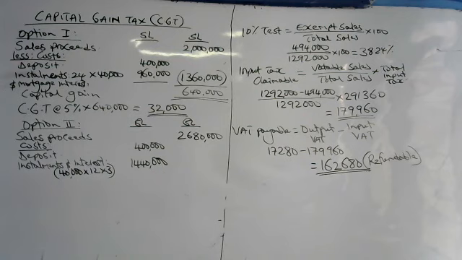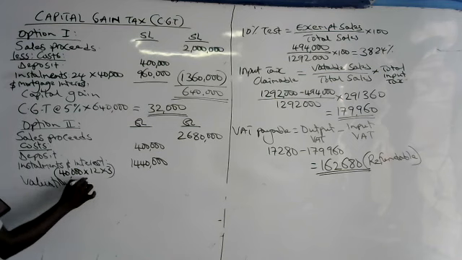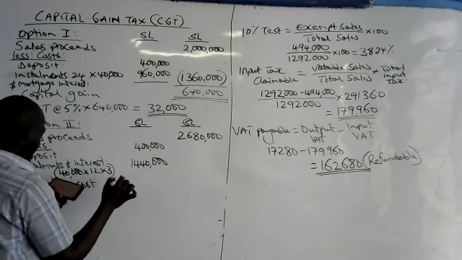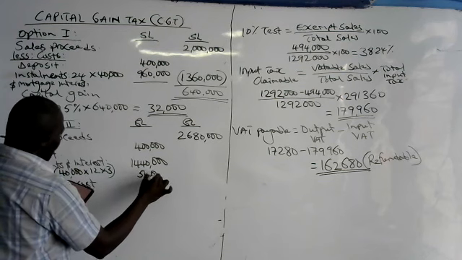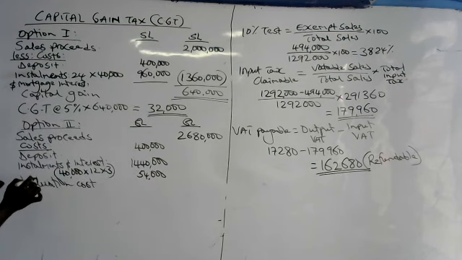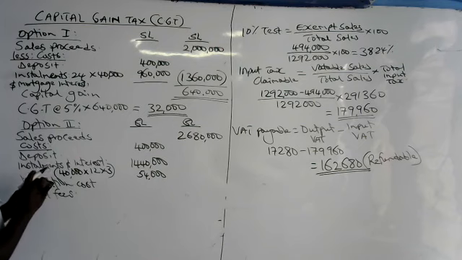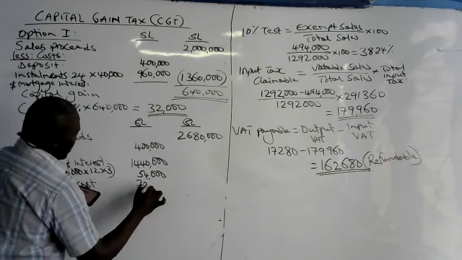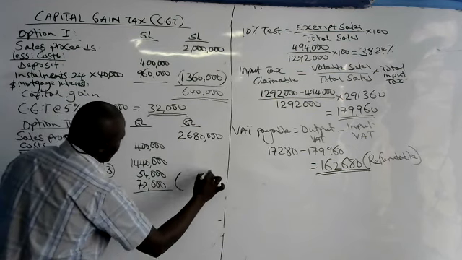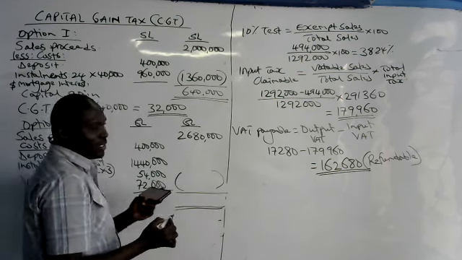Right? We also need to pay some other costs of valuation, so we add valuation cost. The valuation was how much? 54,000. Then we have legal fees, also a cost I paid. So legal fees of how much? 72,000. So get the total cost, get the capital gain, and you get the CGT.